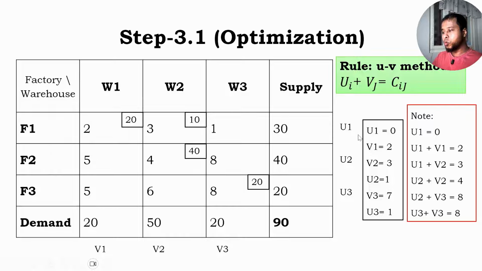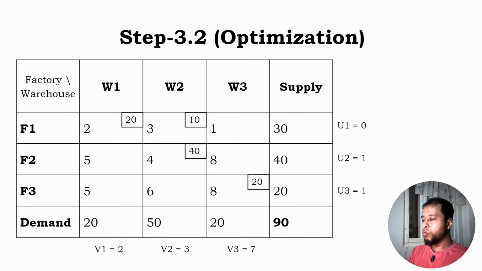Then U1 plus V2 equal to 3, so V2 equal to 3. We then find out all the other values of U and V by using the same formula.